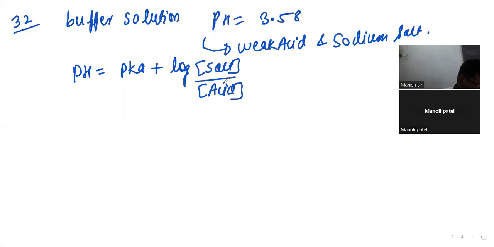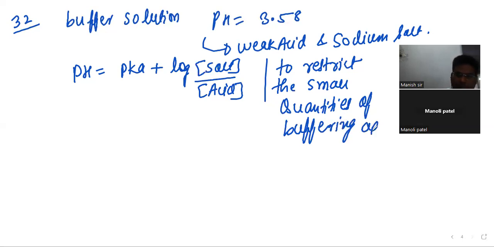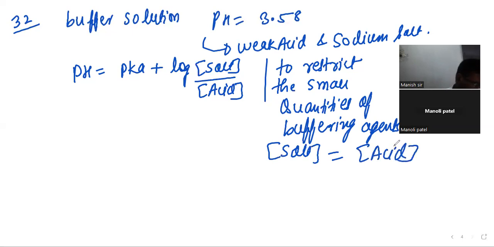To restrict the change with small quantities of buffering agents, the concentration of salt should be equal to the concentration of acid.